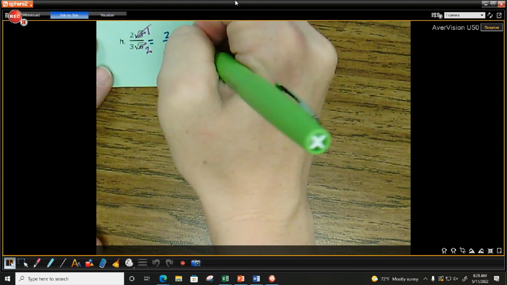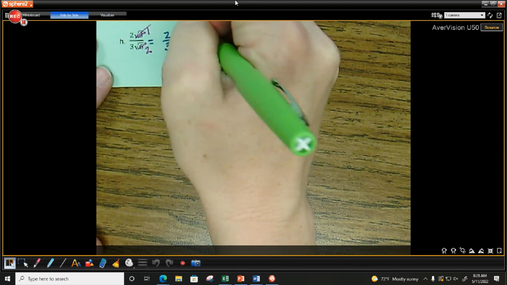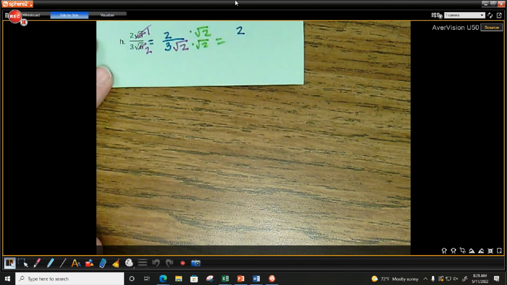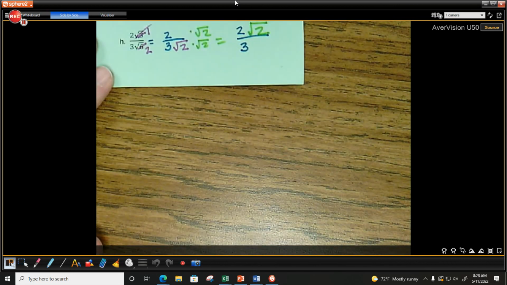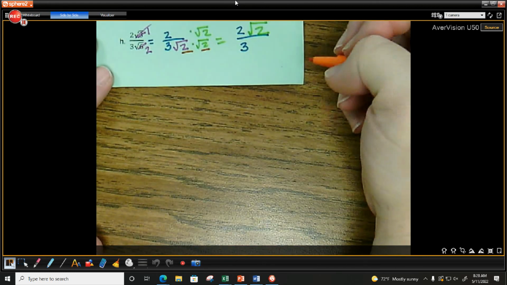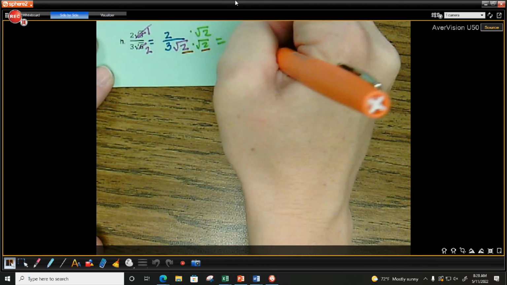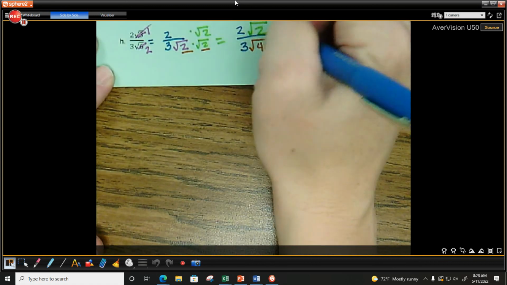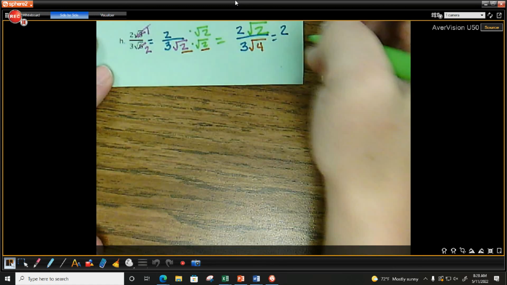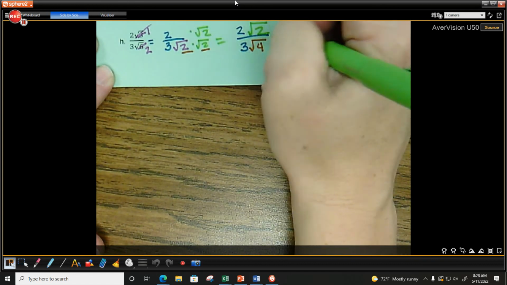So we get 2 root 2 over 3. 2 times 2 is 4. So 2 root 2 over 3. What's the square root of 4?